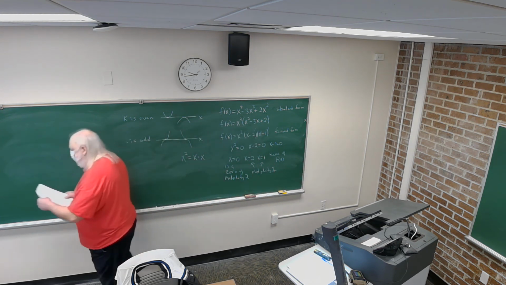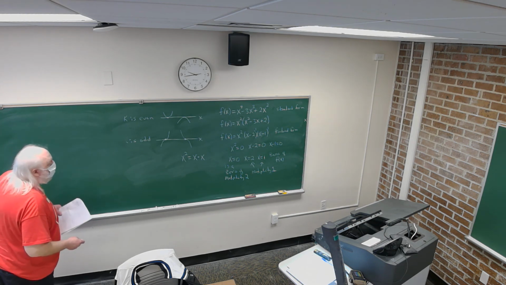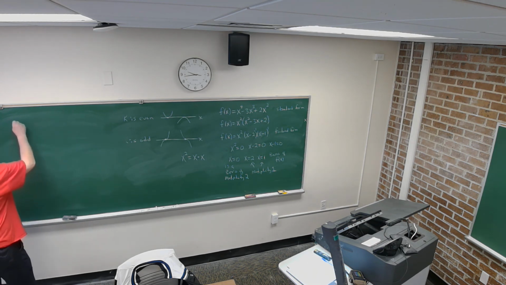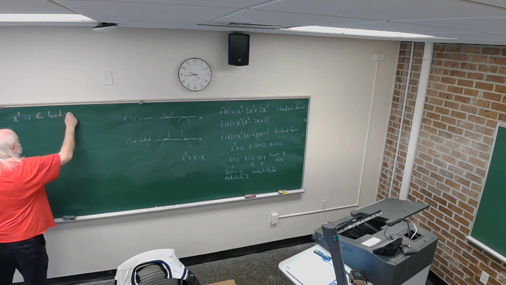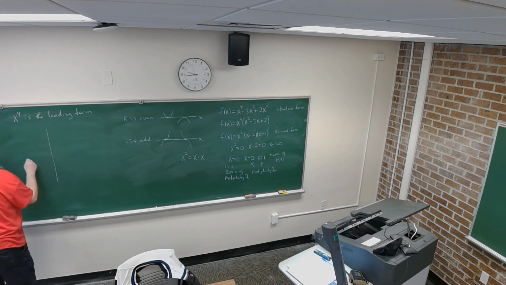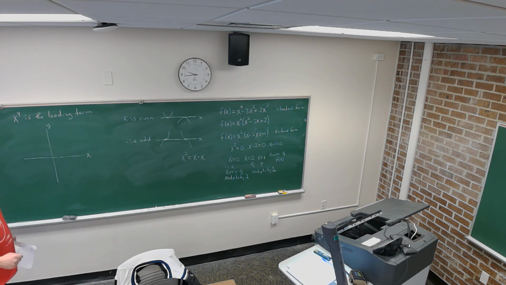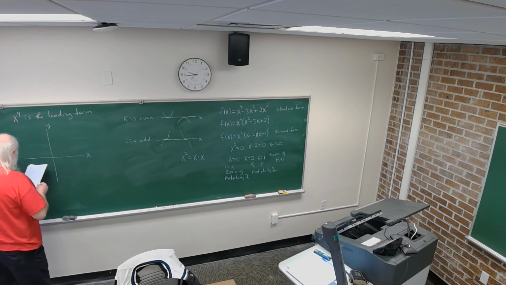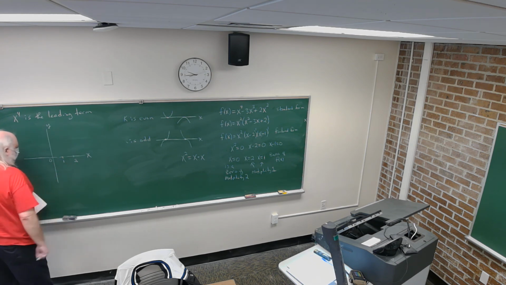So now we can graph this. X to the fourth is the leading term, so we know what the end behavior is. The zeros are x equals 0, x equals 1, and x equals 2.